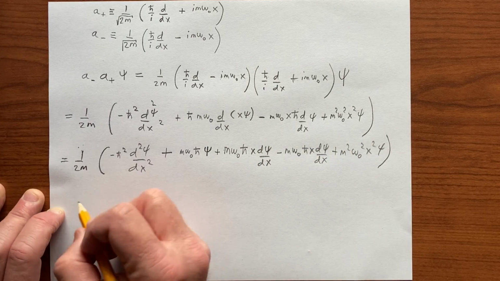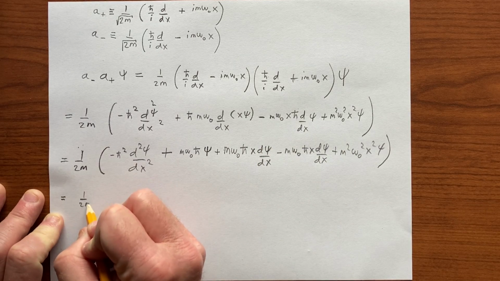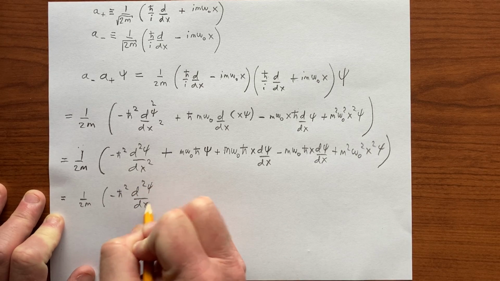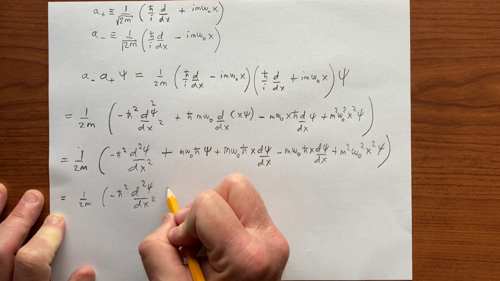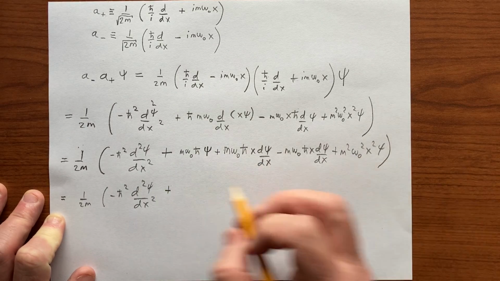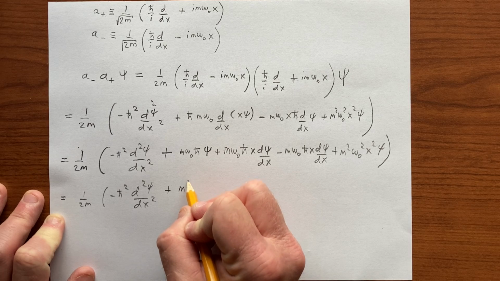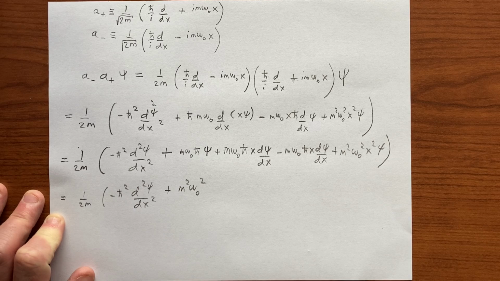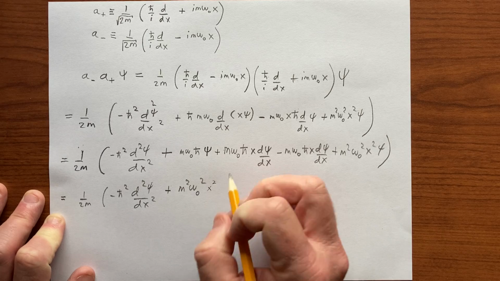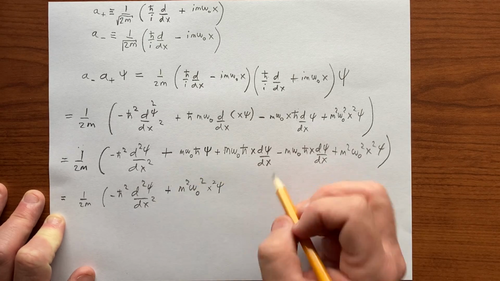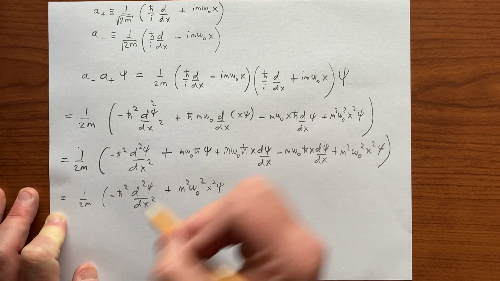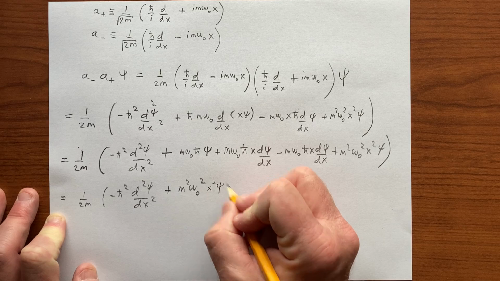So these two cancel out, and so we get 1 over 2m times minus h bar squared d squared psi by dx squared, plus, let's add this term, m squared omega naught squared x squared psi, and that actually is the Schrodinger equation. That's the left-hand side of the Schrodinger equation, and so we have an extra little piece here.